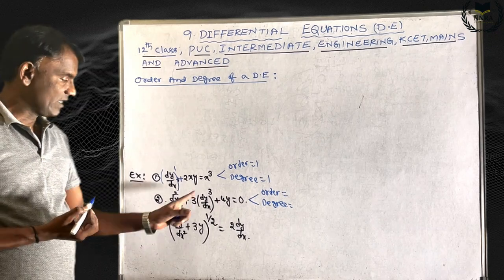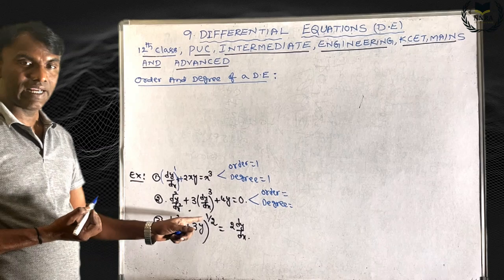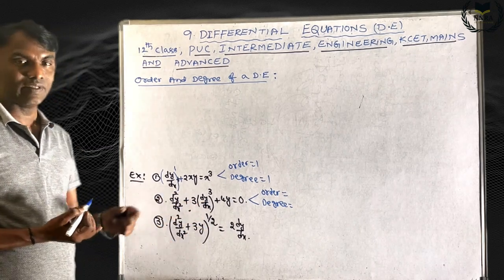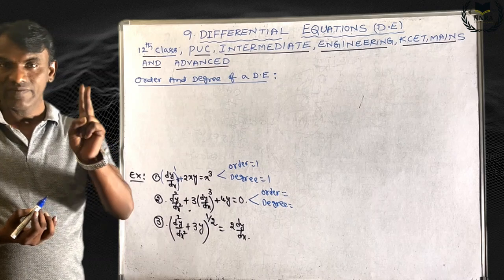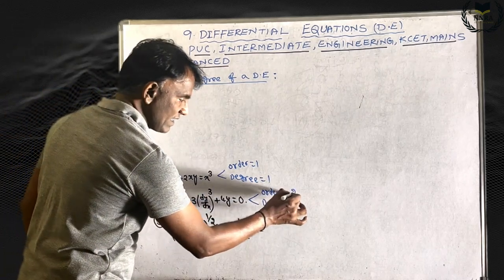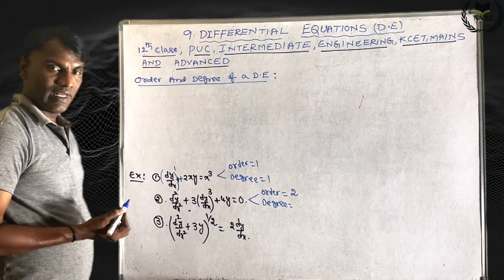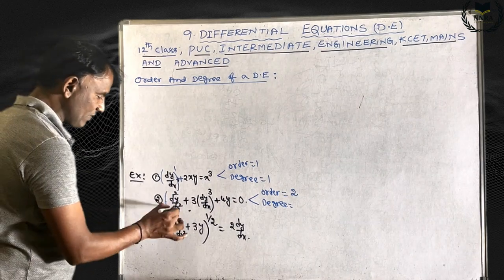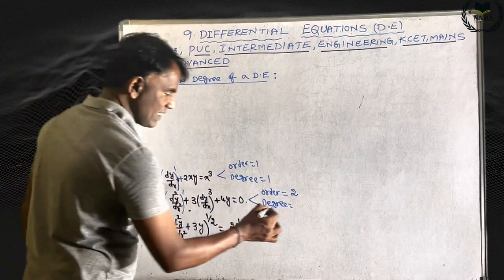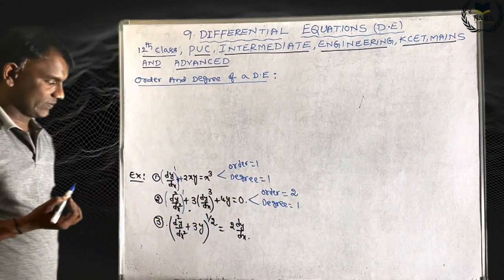Why? Because if I differentiate dy by dx again with respect to x, then only we get d square y by dx square. It means we differentiated 2 times. So the order is equal to 2. And for degree, the power of this highest order derivative is 1. So just write here equal to 1.